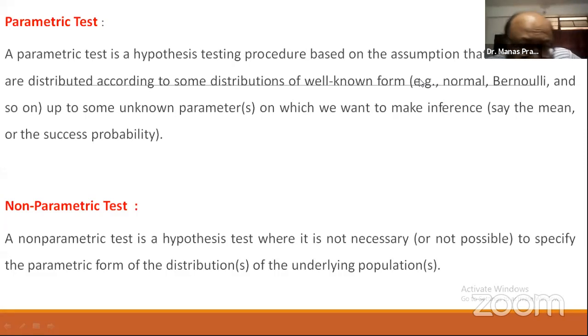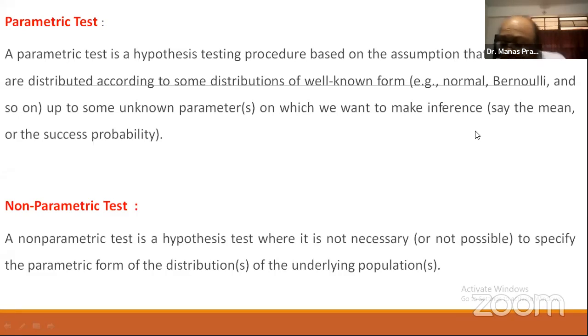For non-parametric test, there is a definition I have given. A non-parametric test is a hypothesis test where it is not necessary to specify the parametric form of the distribution. In simple sense, we apply parametric test when my data follows normal distribution, and when my data does not follow normal distribution, I have to go for non-parametric test.